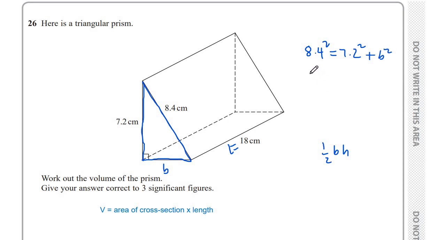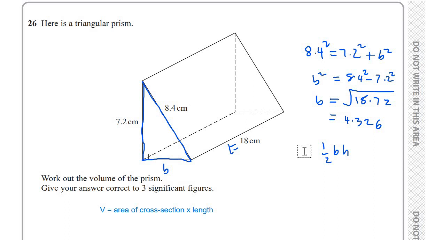And so b square will be 8.4 square, take away 7.2 square, and then b will be the square root of this difference, and that gives us b = 4.326.